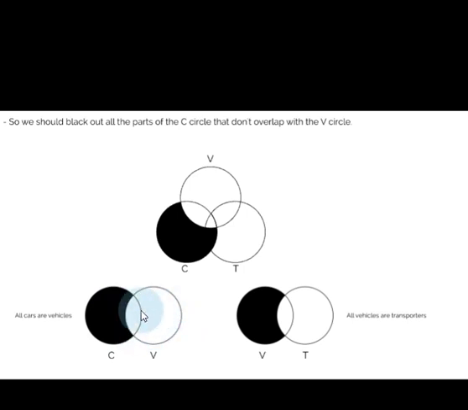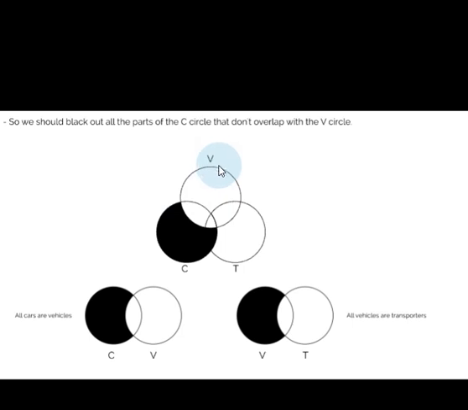And what you can simply do is take this right here and just whoop, like that, and then you can superimpose it on this right here. You see that it's the same. And we've represented the exact same thing here as we did here. And you can just ignore the T circle over here for now. All we're worried about is all cars are vehicles.